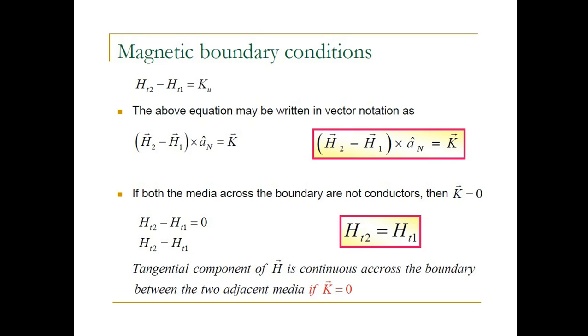So the boundary condition at a dielectric and conductor media interface can be obtained from this equation: the tangential component of magnetic field intensity of medium 2 and that of medium 1 are equal. So we understand that at a dielectric-conductor interface, the tangential components are continuous.